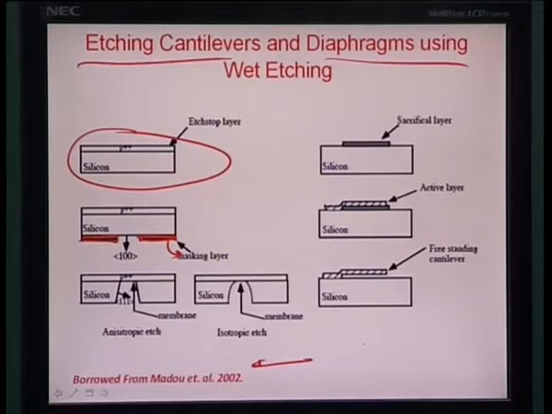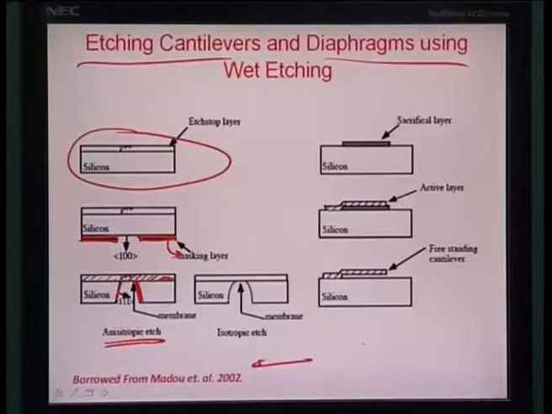Through this window you etch using anisotropic wet etching, so that you form walls at a 54 degree angle on both sides. You typically use a hydroxide etch, and then you are left with this P+ membrane which is only a few nanometers thick, a simply supported beam or membrane which can be used for various purposes.